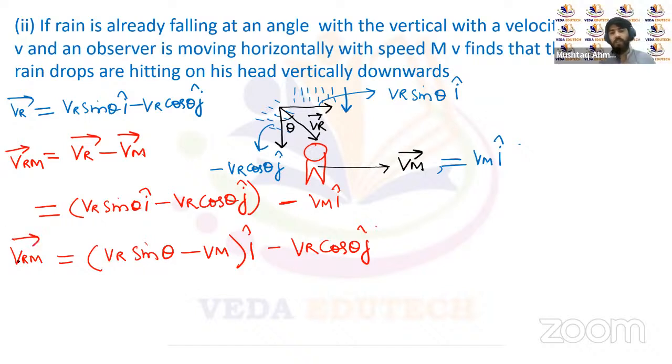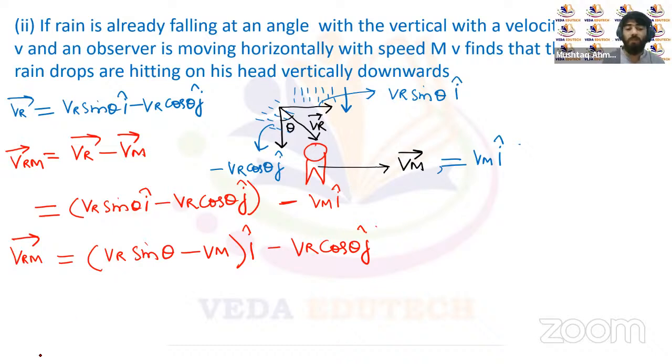But the condition here is that the rain appears to be falling vertically downwards with respect to the man, who is moving along the horizontal direction. It means that with respect to the man, the rain has no horizontal component; it only has the vertical component.